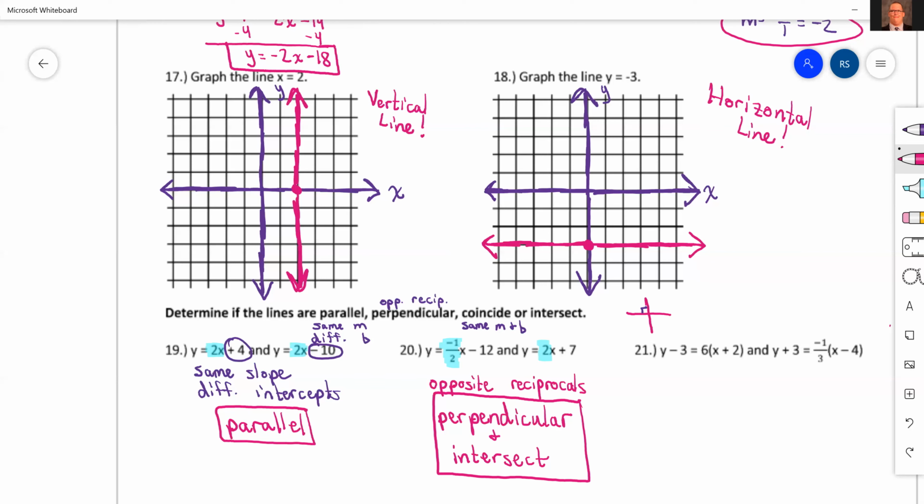And the last one. So look at your slope. This first one's written in point slope form. So our slope is the 6. Second one's in point slope form. So our slope is -1/3.